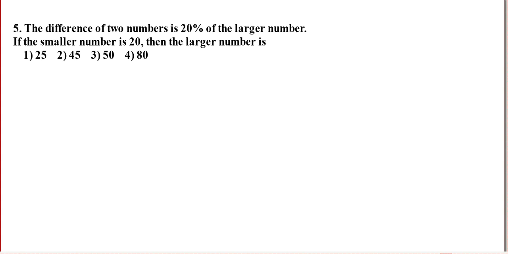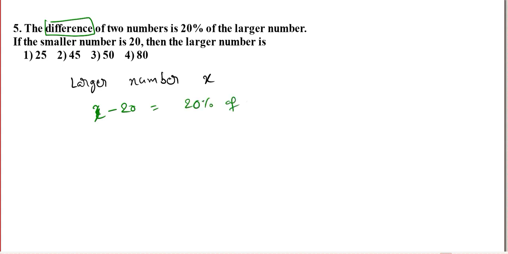As we don't know the larger number, I'm supposing the larger number as x. Difference means greater minus smaller: larger number x minus smaller number 20. That means x minus 20 is equal to 20 percentage of the larger number, that is 20 percentage of x.